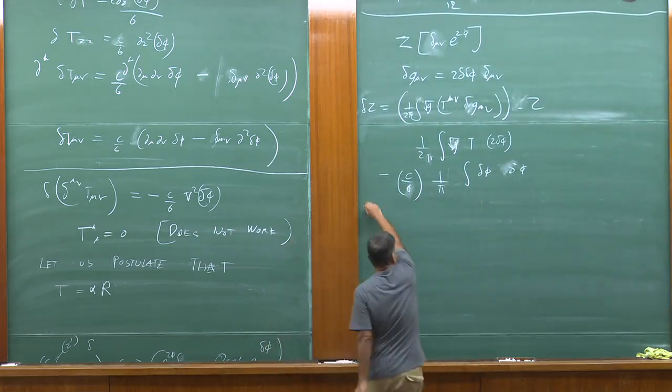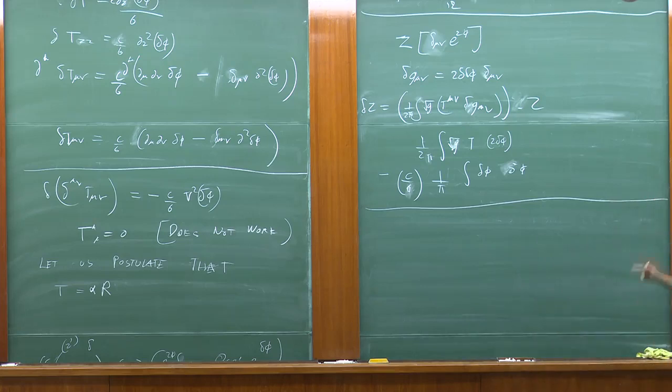Okay. Now this is our formula for the change, and this times Z is the change in Z. Now can you think of an expression that we can integrate this to? It's actually very easy.